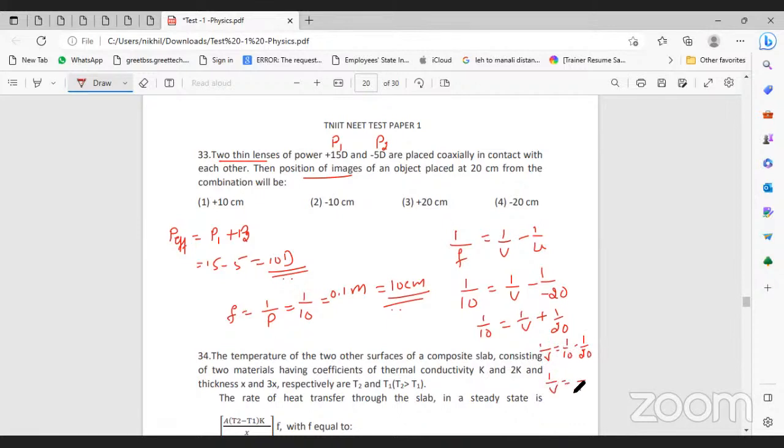LCM will be 20. This is 1, so V will be 20. So what is the image distance? The image distance is 20 centimeter.